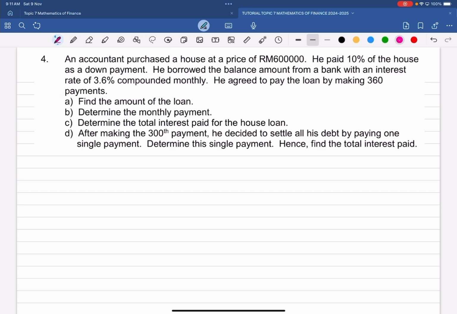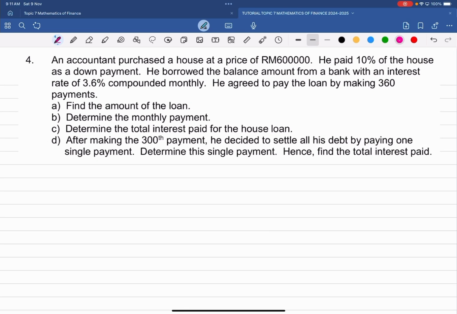An accountant purchased a house at a price of 600,000. So that is the cash price of the house, which is 600,000. He paid 10% of the house as a down payment.